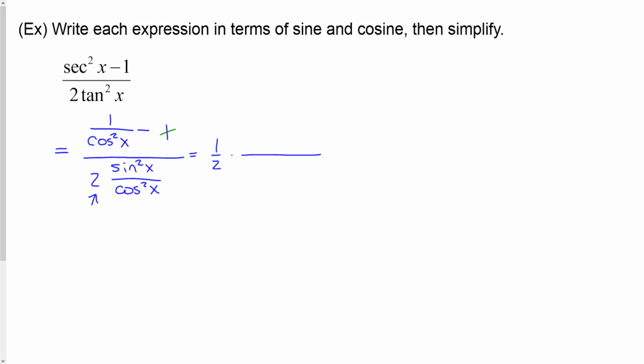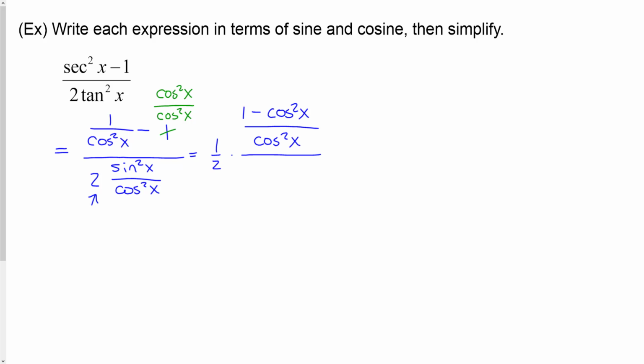I'm going to change this 1 into cosine squared x over cosine squared x. When I do that, it becomes 1 minus cosine squared x over, now that they have a common denominator, cosine squared x.